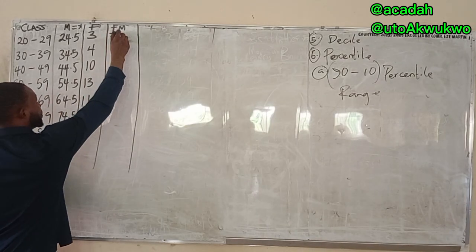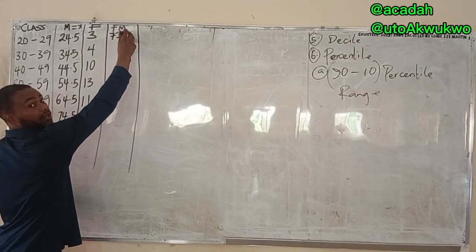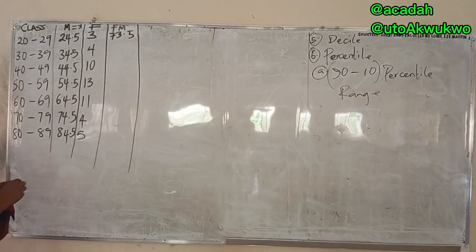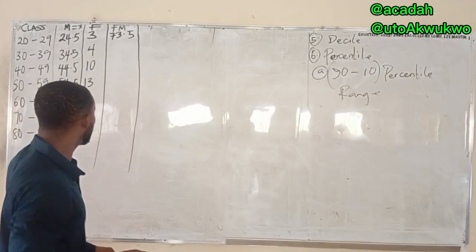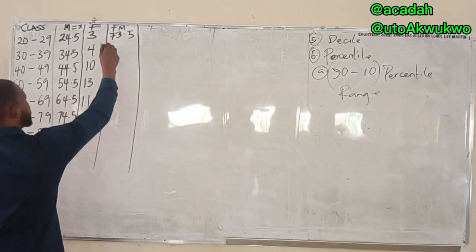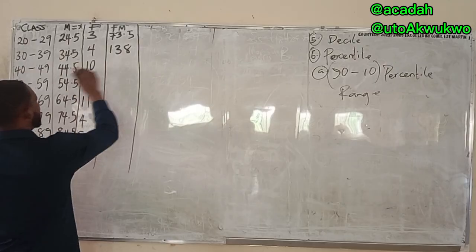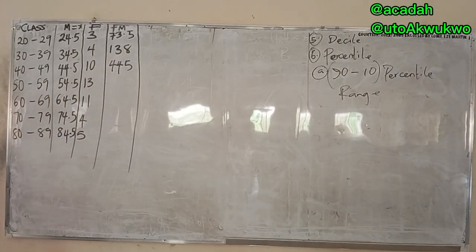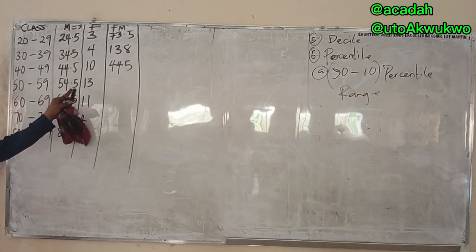70. 73.5. Do for me 4 times 34.5. 138. Okay. 445. 13 times 54.5.